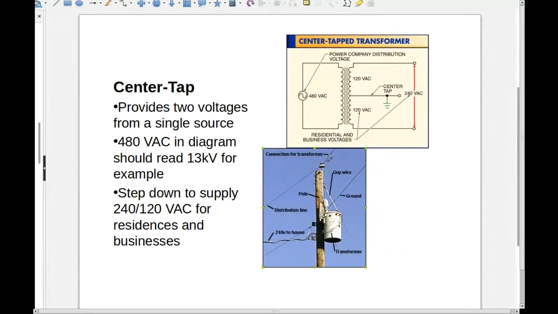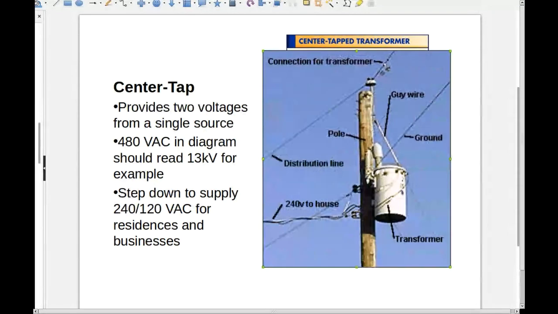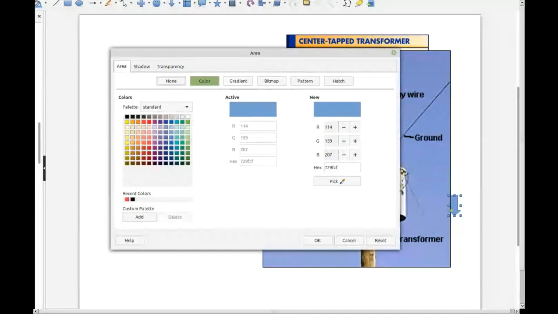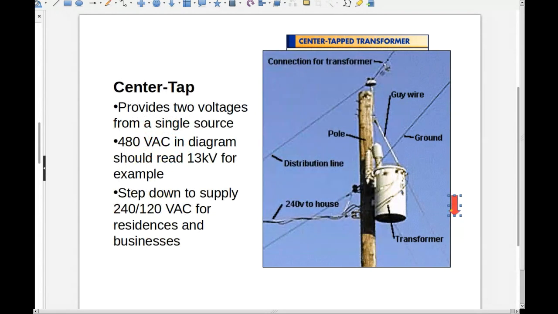All right, let me blow this picture up here to give you a better view. When you look here, you see what's coming to your house.